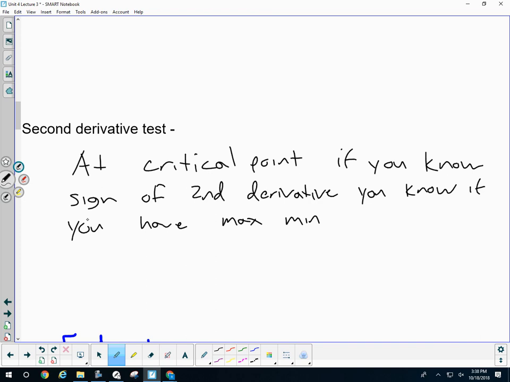If, let's say we have a critical point at x equals c, if the second derivative of c is positive, we know f is concave up, critical point, min.